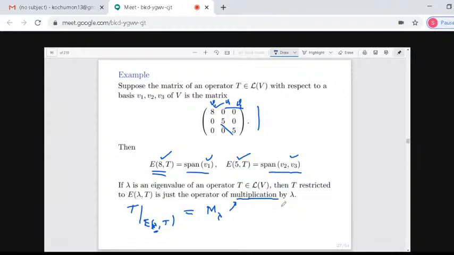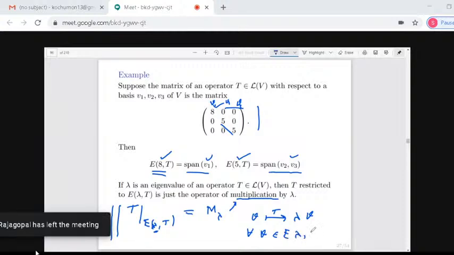So this is a crucial concept. If you restrict your operator to the eigenspace, then the operator is just a multiplication. That means V is mapped by T to lambda V for all V an element of E lambda T. This is an important concept.